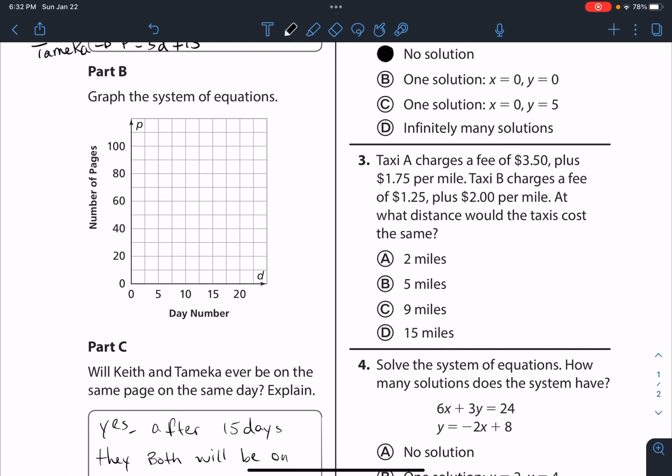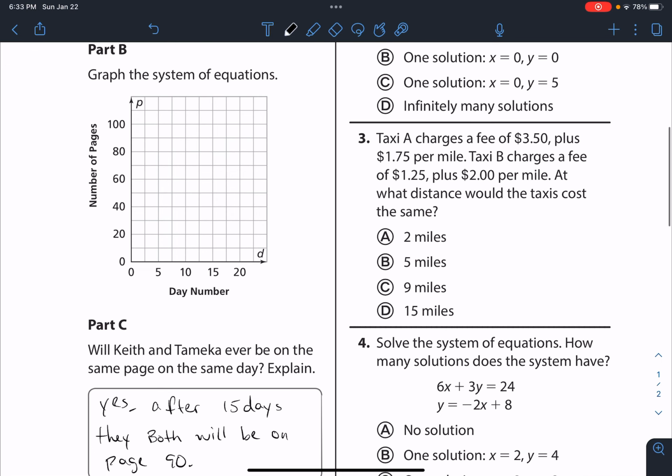So taxi A charges a fee of $3.50 plus $1.75 per mile. Taxi B charges a fee of $1.25 plus $2 per mile. At what distance would the taxi cost be the same? Okay, well, taxi A, I'll just say TA, and then taxi B, TB.